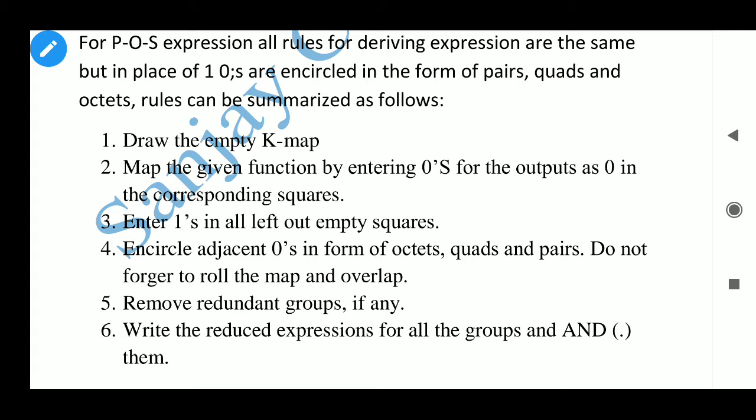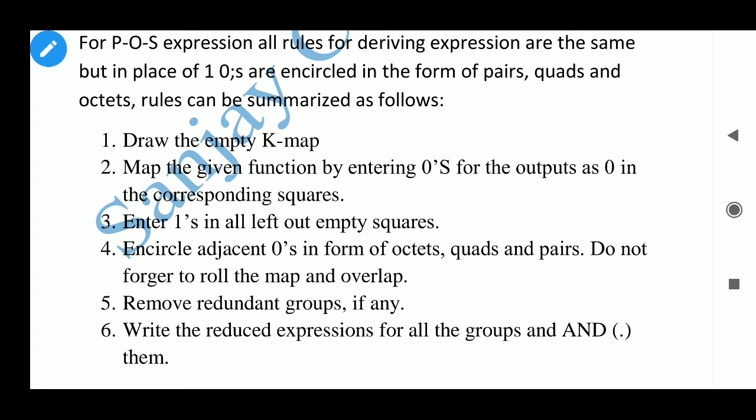Draw the empty K-map, then map the given function by entering zeros for the output as 0 in the corresponding squares, by giving the cardinal forms in your function in the question, and then enter ones in all left out empty squares, then encircle adjacent zeros in form of octet, quad and pairs.